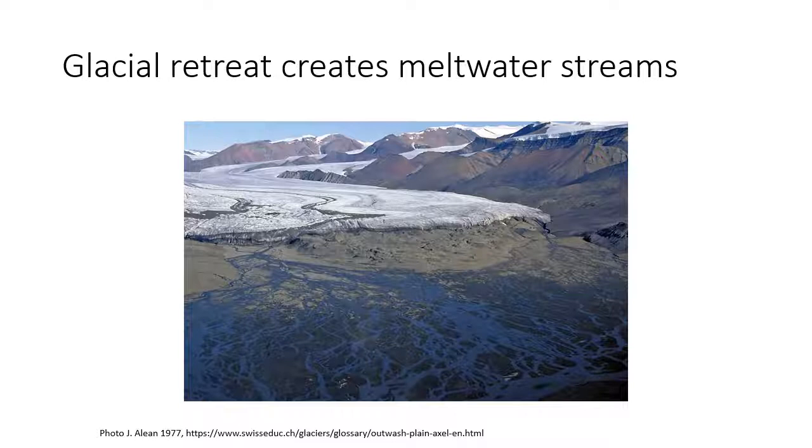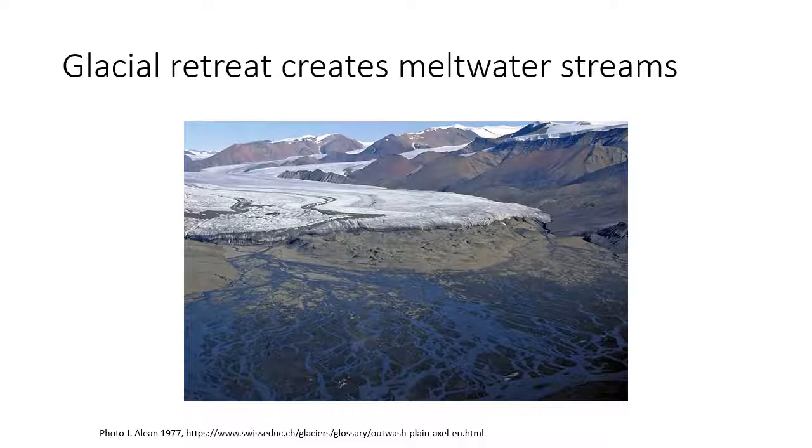It's slowly grinding and crushing the rock underneath it as it moves, so it's a very strong weathering agent. It creates a lot of very fine material as it moves. But if it doesn't melt, then that sediment really doesn't have an opportunity to go anywhere.